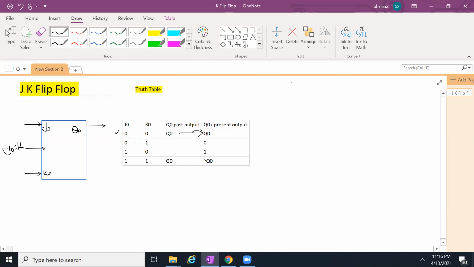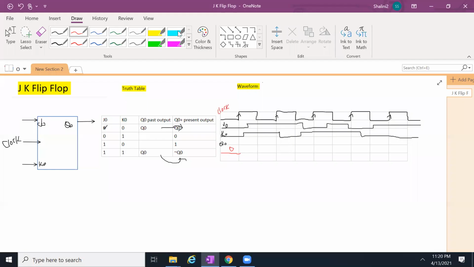Whenever the 01 condition comes, 0 will come to the present output. Whenever the 10 condition is there, 1 will come to the present output, and if both are 1, that time whatever the past output is, it will just toggle. Okay, it will just toggle. So we will discuss that in the waveform.